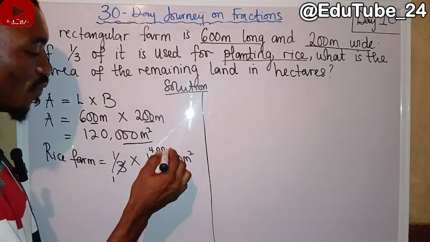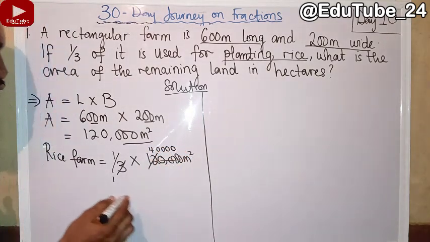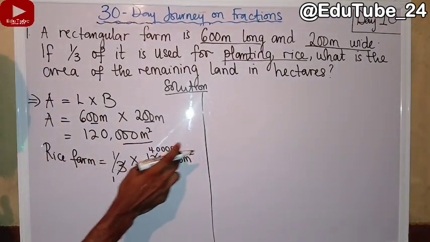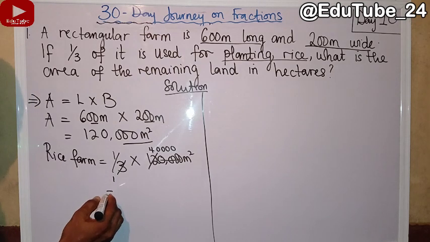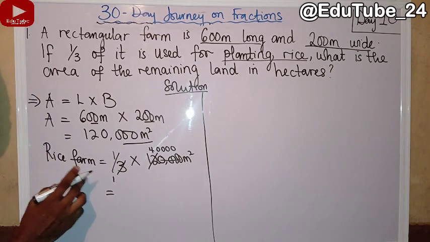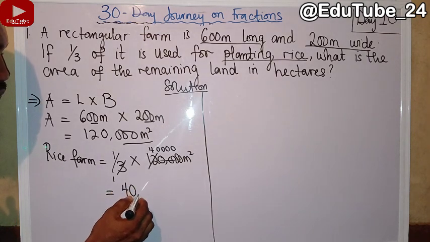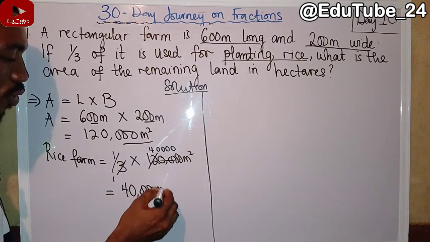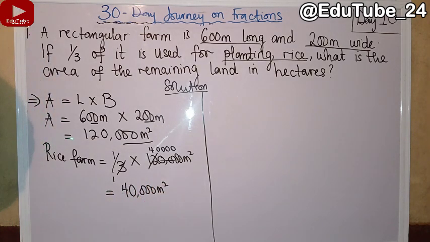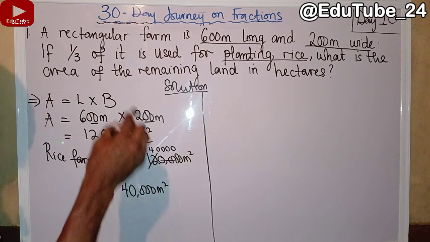So that is going to be 40,000 meters squared. So 1 times 40,000. So the area for the rice farm is 40,000 meters squared.